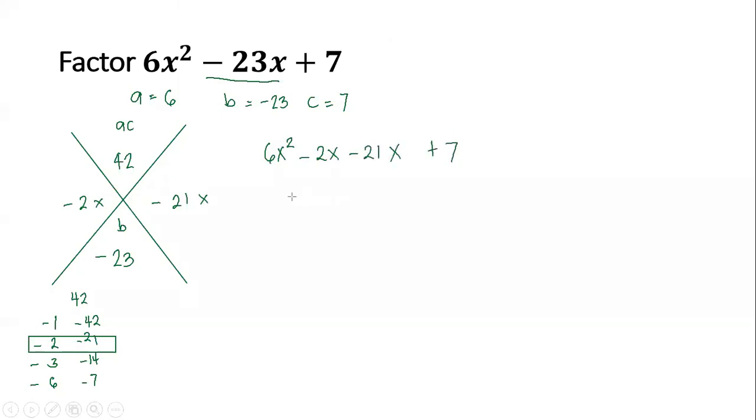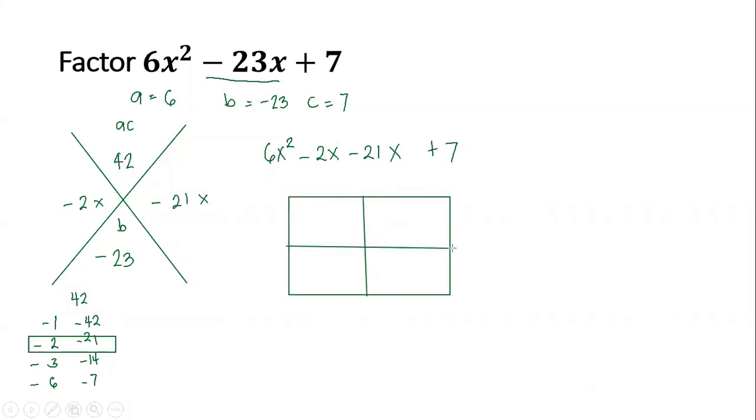And now let's draw the box and write down each of the terms. Remember again that this box represents the area of your trinomial. So let's write down 6x squared minus 2x minus 21x plus 7.